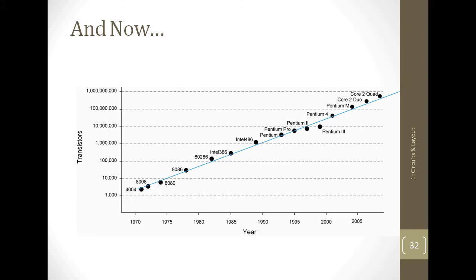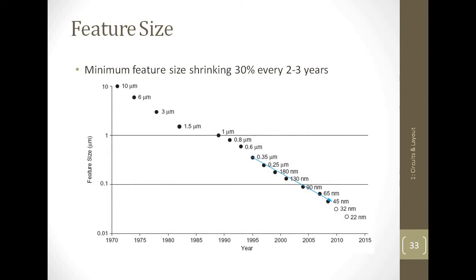Now if you see Core to Duo, Quad, i3, i7, they also have an increasing transistor count, and it is almost linear.